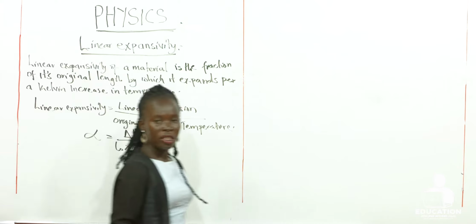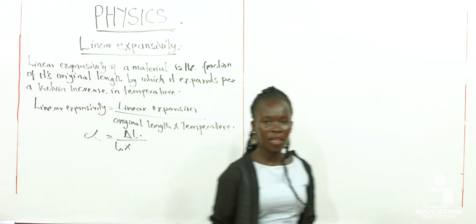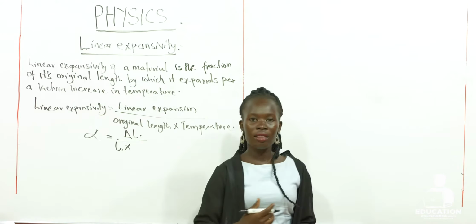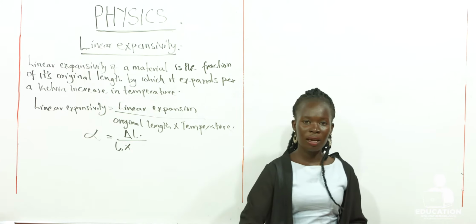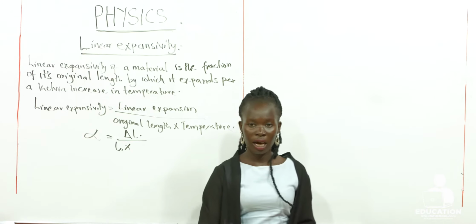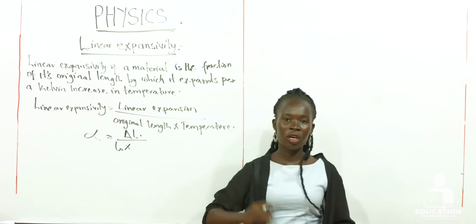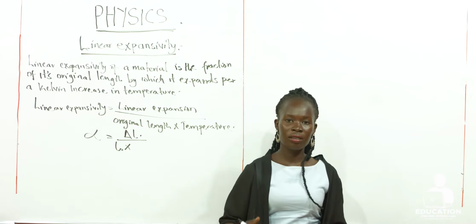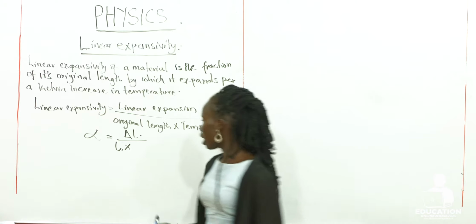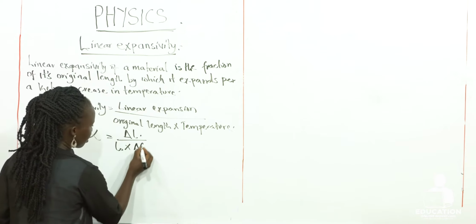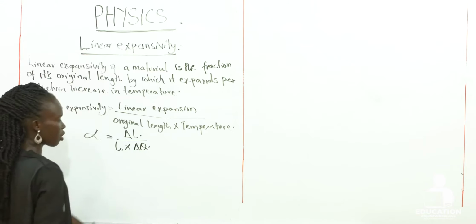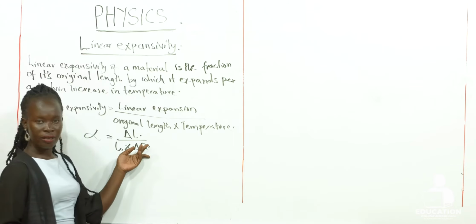So which temperature are we multiplying it with? We need the difference between the temperature that the body originally had and the temperature you increased it to, so that it can also increase in length. We shall have dθ, which means the change in temperature.